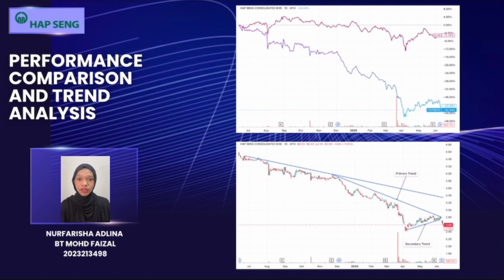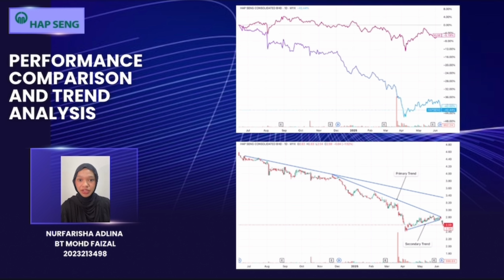Figure 1 shows the comparison of price performance between Hapseng Consolidated Berhad and the FTSE Bursa Malaysia KLCI. The chart indicates a downward trend in Hapseng's performance. Based on the chart from 12 June 2024 to 13 June 2025, it can be concluded that Hapseng Consolidated Berhad is underperforming compared to the KLCI benchmark.